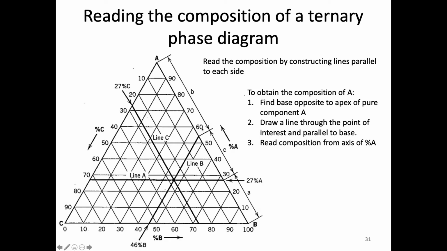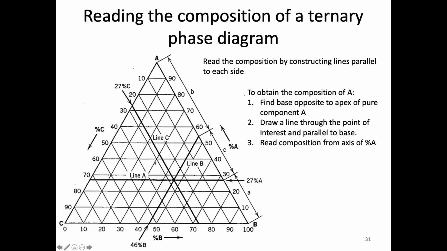If we look at B, and we look at where that intersects the percent B line, we see that it's 46% B down here. And the same thing, if we look at C and look at where that intersects the percent C over here, we'll see that that's 27. So again, this is how we can get composition.